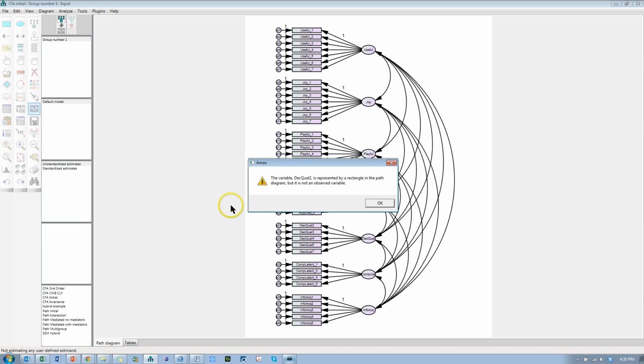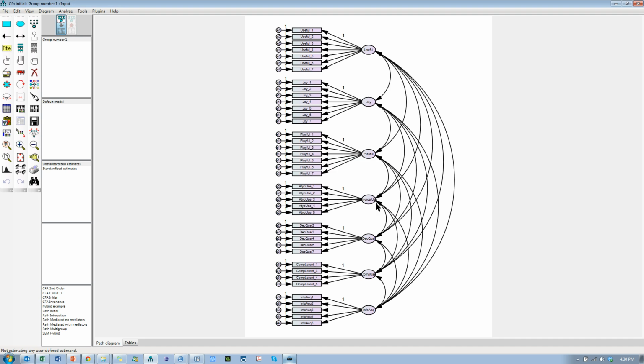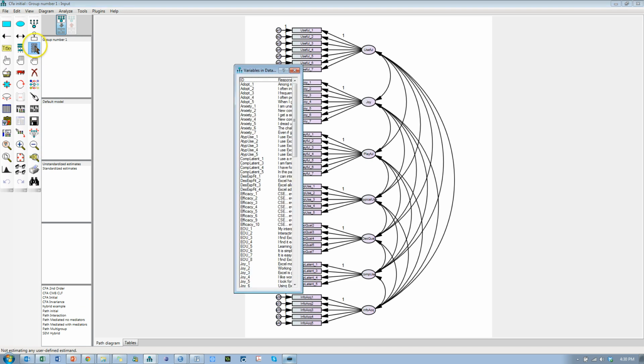Okay, run. Ooh, variable decision quality 2 is represented by a rectangle in the path diagram, but is not an observed variable. Seriously? Decision quality 2. Let me go look in here. Is there no dec qual 2? Holy cow, where's decision quality?